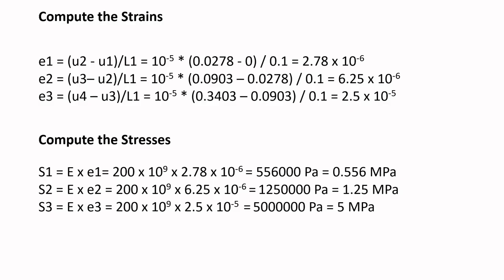And lastly, we have strain in the third element, that is e3, which is given by u4 minus u3 by L1. So instead of giving L1, L2 and L3, I have given it as L1 only, because the lengths are the same for all the three elements, and the strain in the third element is 2.5 into 10 power minus 5.